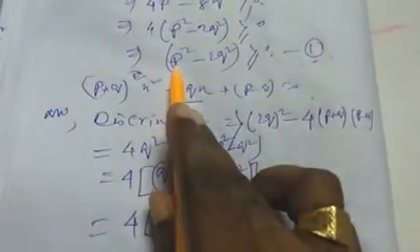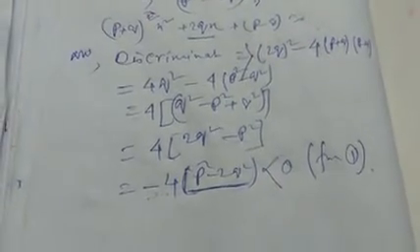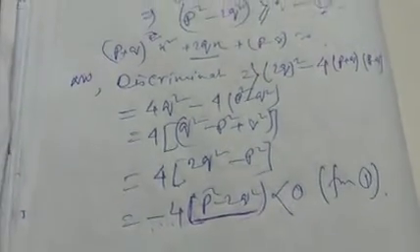So p square should be first and q square second, and that's why we take common minus. Within the bracket it is positive from case number 1, and the coefficient outside the bracket is minus 4, which is negative. So you can say this is less than 0 from 1, and it shows that the roots are complex.